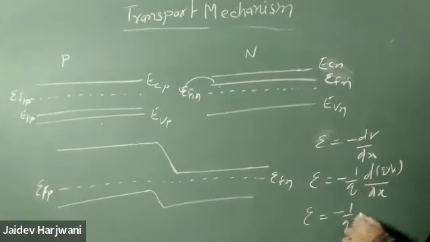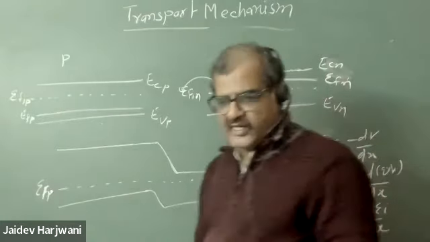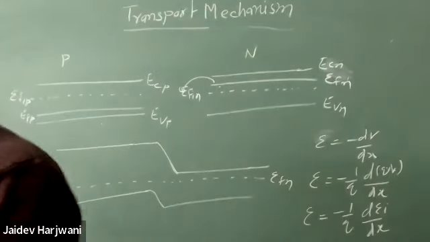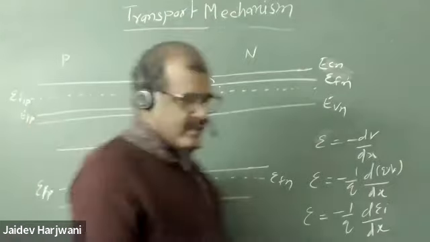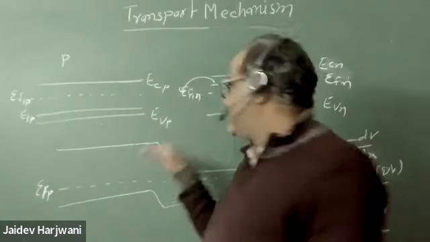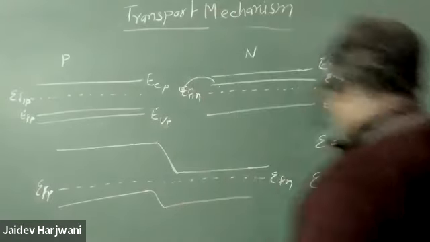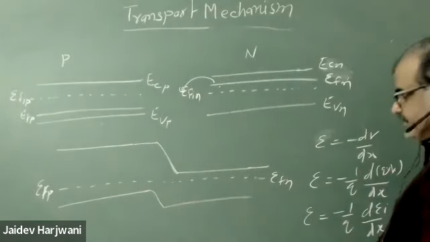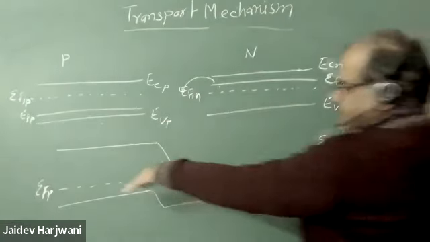So this becomes minus 1 by q dEi upon dx. Ei is the energy levels. Because you have a potential difference, a potential gradient, you have an energy gradient at the contact. You have the potential only at the contact, so at the contact you have an energy gradient also, dEi by dx. So there is a gradient now.